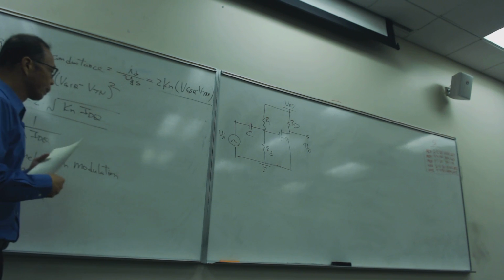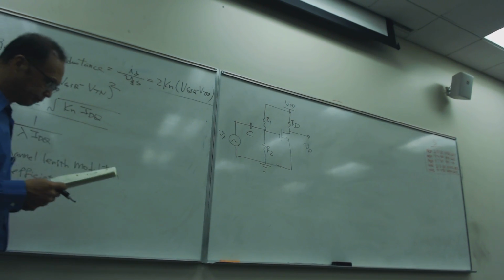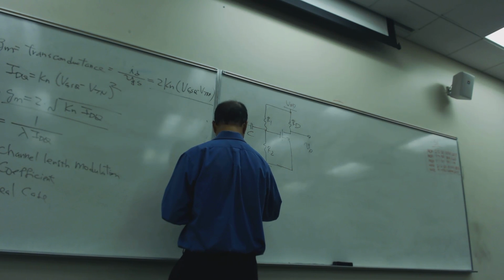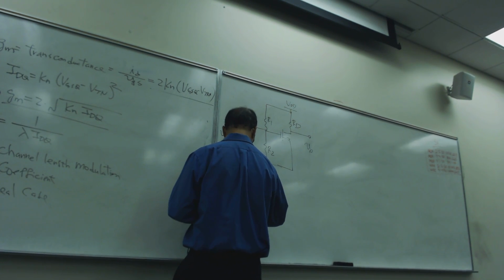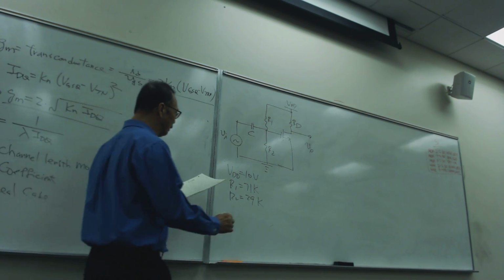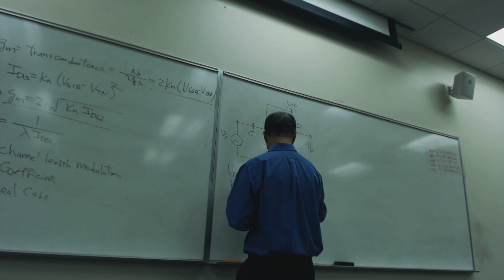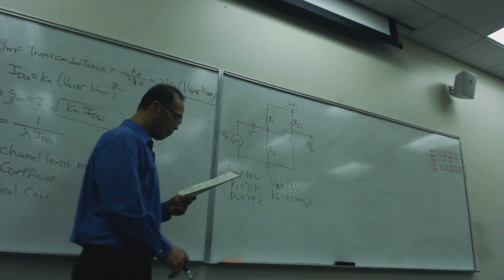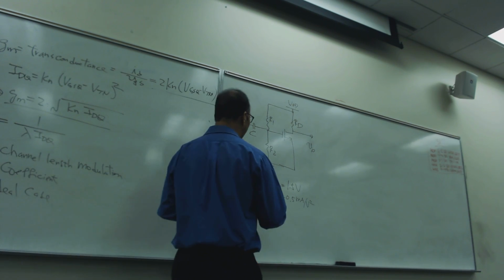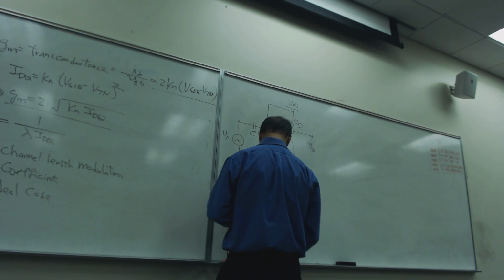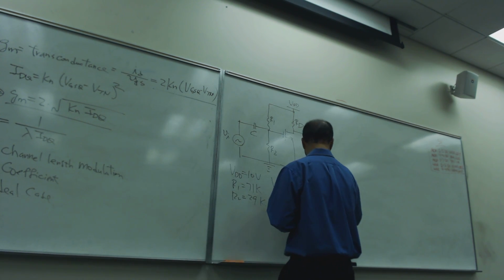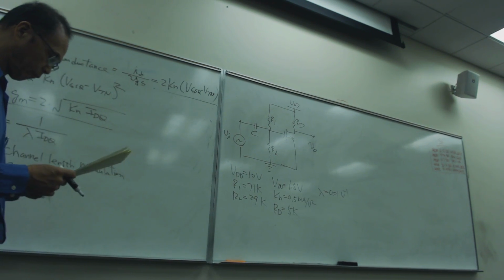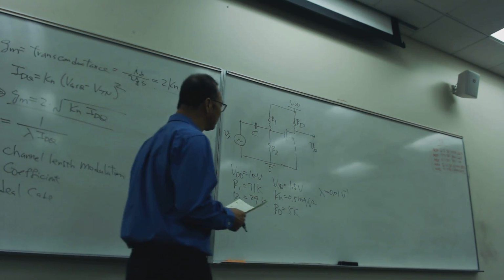Alright, so it's very simple. Let's say VDD equals 10 volts, R1 equals 71K, R2 equals 29K, VTN equals 1.5 volts, Kn equals 0.5 mA/V squared, R sub B, and lambda equals 0.01 V^-1.